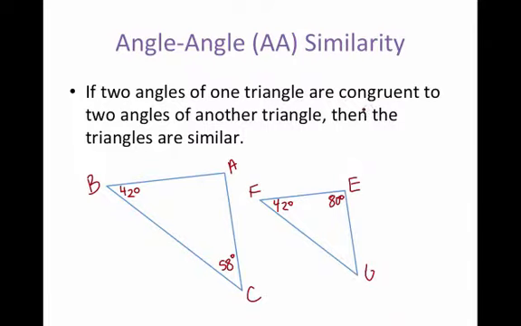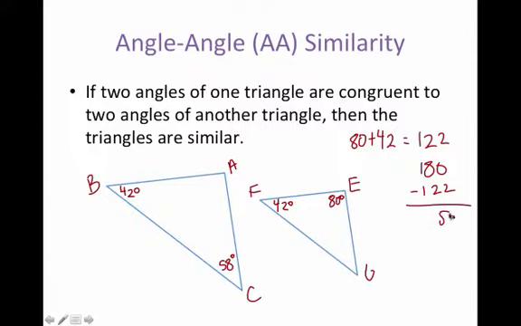This is actually a postulate, but I have two triangles, triangle ABC and triangle EFG. I know two angles in each triangle. I know angle B is 42 degrees and angle C is 58 degrees. And then in the other triangle, I know E is 80 degrees and F is 42 degrees. Well, if I add E and F together and subtract their sum from 180, I get 58.